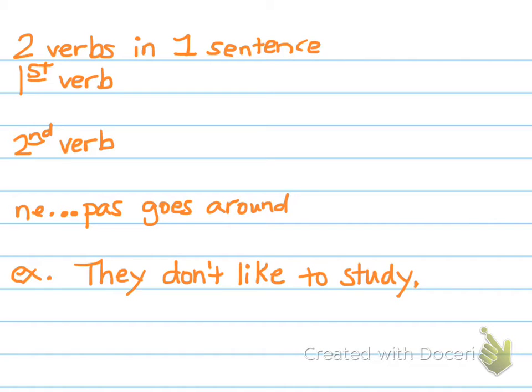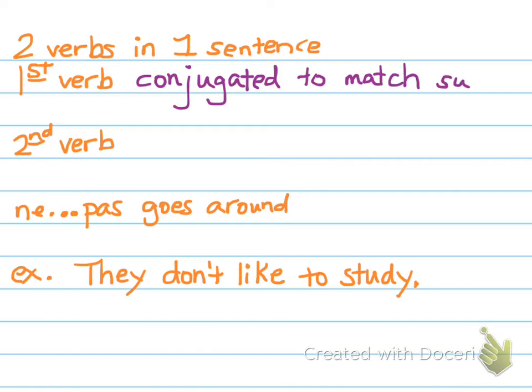Also in French, you can have two verbs in a sentence. When you have two verbs in one sentence, the first verb is always conjugated to match the subject, and the second verb is in its infinitive form.